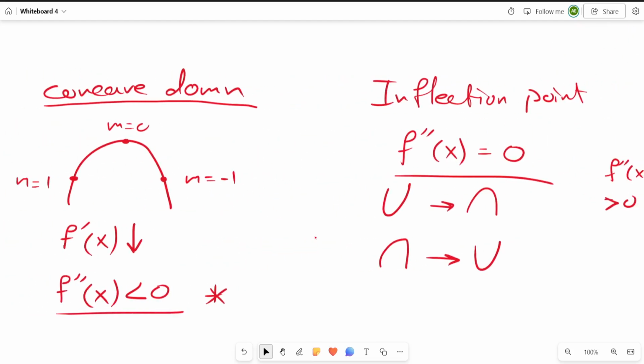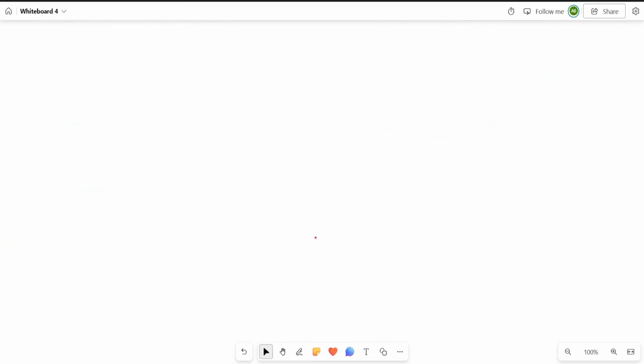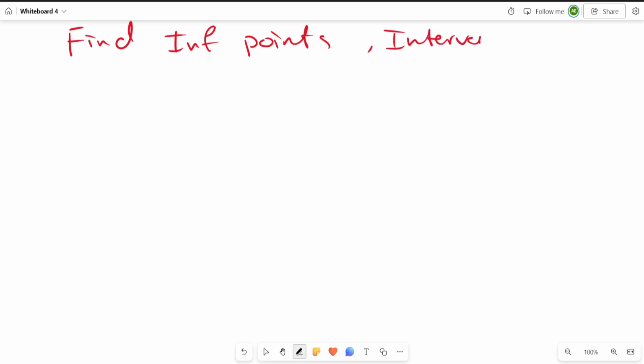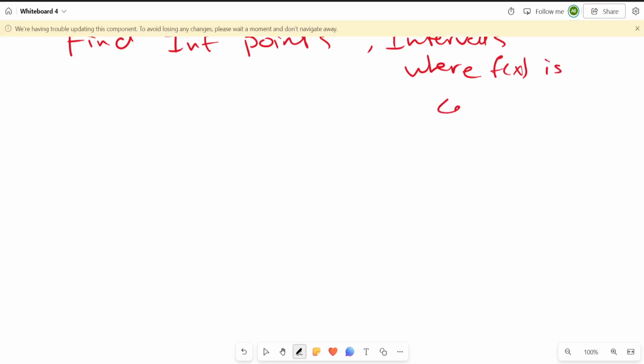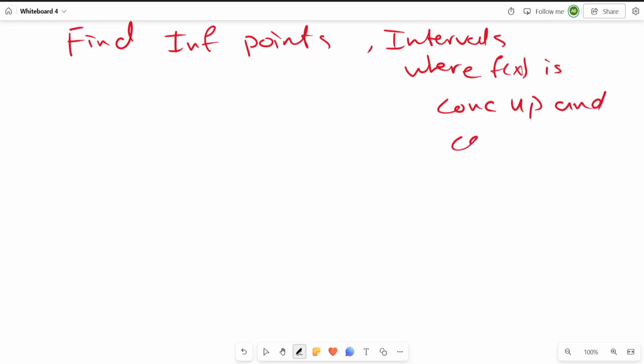So let's apply that with some examples. The question will say, find the inflection point of the following functions and the intervals where f of x is concave up and concave down.